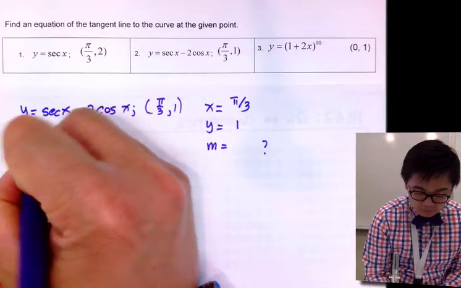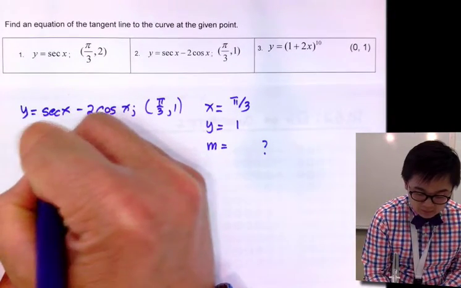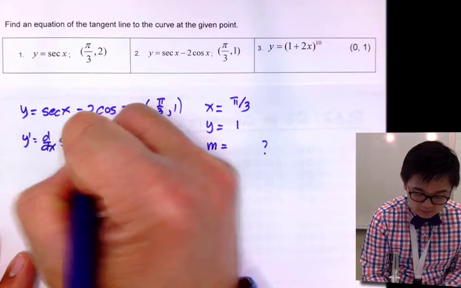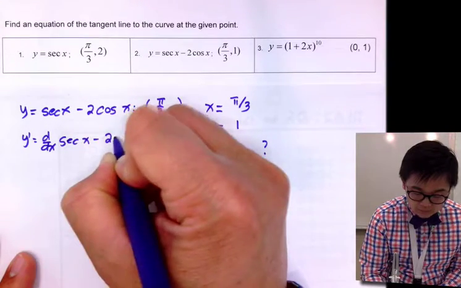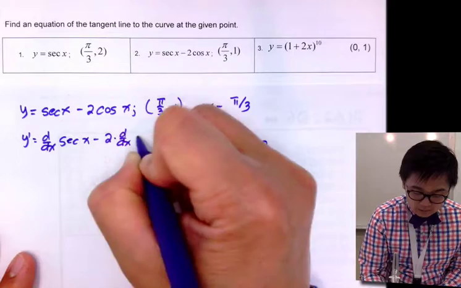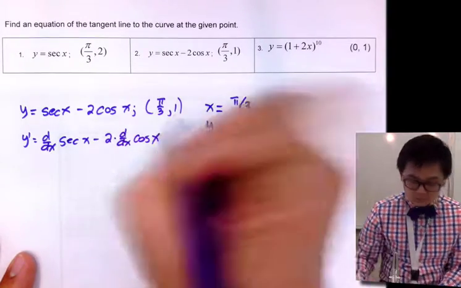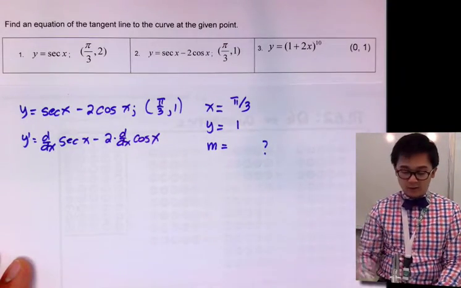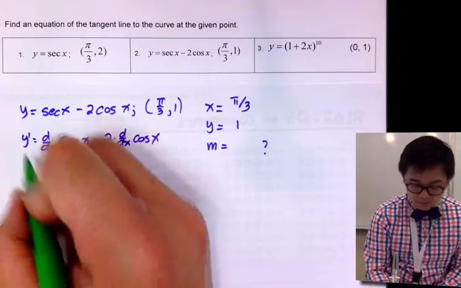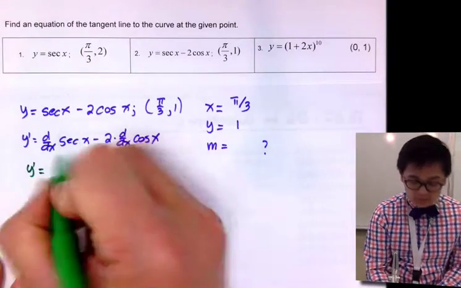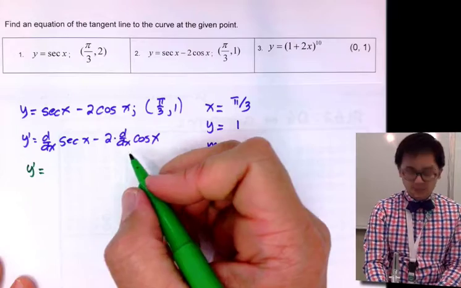So we have y prime is equal to the derivative of secant x minus 2 times the derivative of cosine x. By the derivative rules, we know that the derivative of secant x is secant x tangent x.